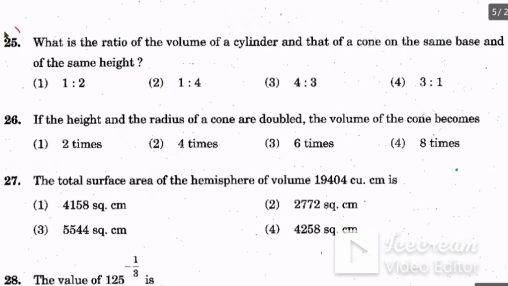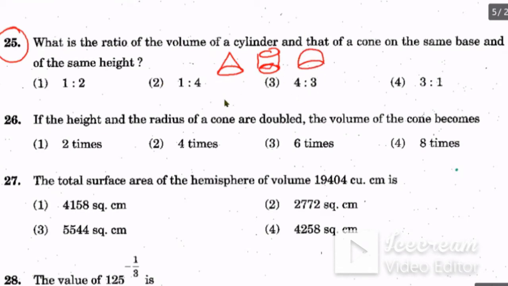Now let's check question number 25. What is the ratio of the volume of the cylinder and that of the cone on the same base and the same height? So for the cone, the cylinder, and a hemisphere, you have to remember these three like this.